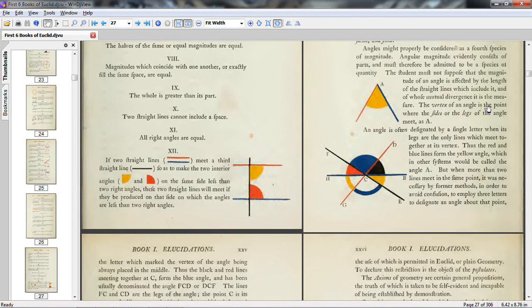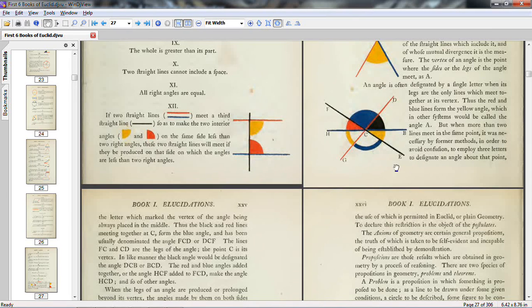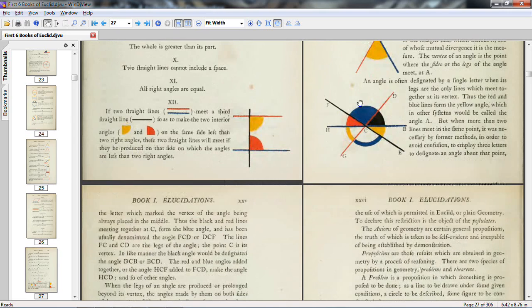The vertex of an angle is the point where the sides or the legs of the angle meet, as in A. Sometimes one letter is sufficient. Sometimes you have to be clear. If I want to express these two together, I have to say E, C, D, with the middle letter being the one where the angle is the vertex.